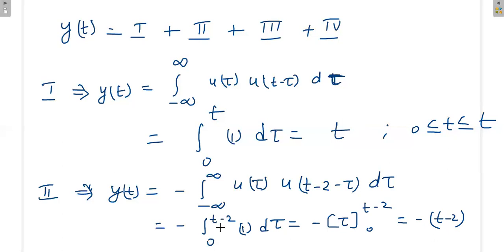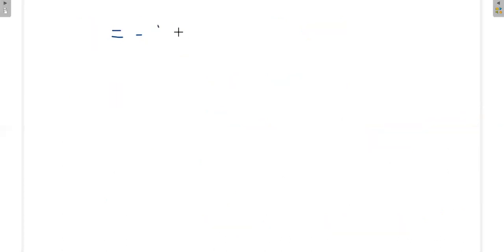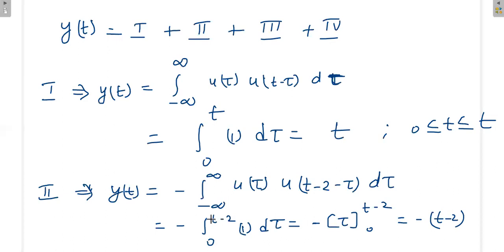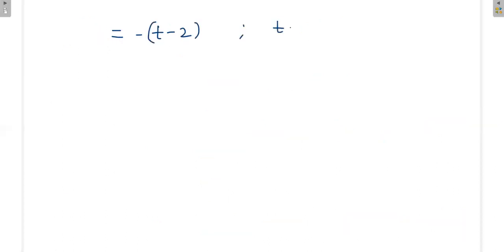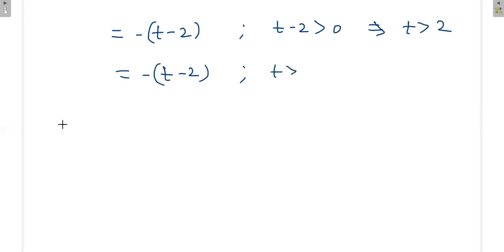So the final answer is minus t minus 2. When will this answer be valid? Only when t minus 2 is greater than 0. That means t is greater than 2. So the expression minus t minus 2 is valid when t is greater than 2. This is the second component.